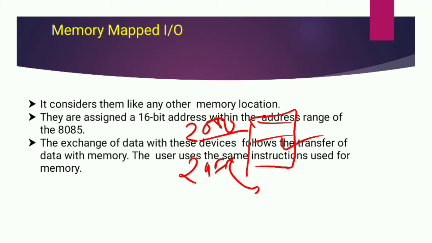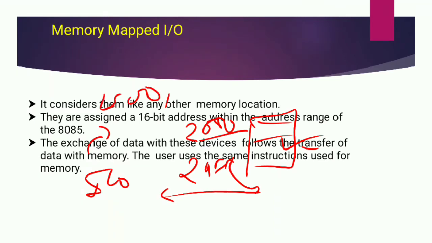These addresses which have not been assigned to memories can be assigned to I/O devices. For example, 2500, 2501, 2502, etc. may be assigned to I/O devices. One address is assigned to each I/O device.